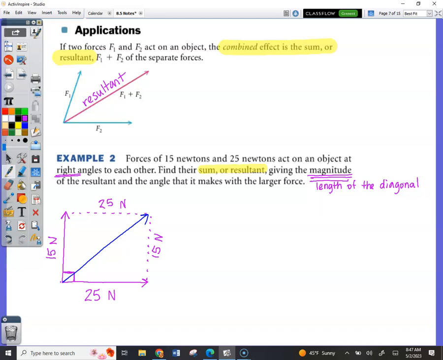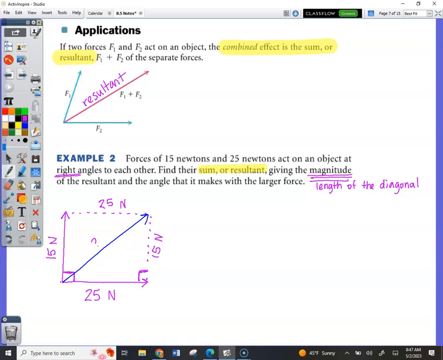If I'm trying to find the length of this, what shape do you see? So, you know how this was a right angle right here, and we said that it mirrors the rest of the image, so this over here is also a right angle. So what shape do you see right here in the lower half?